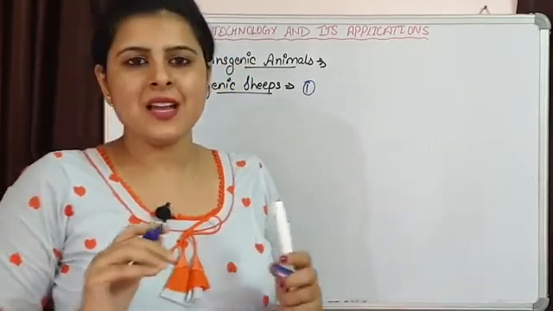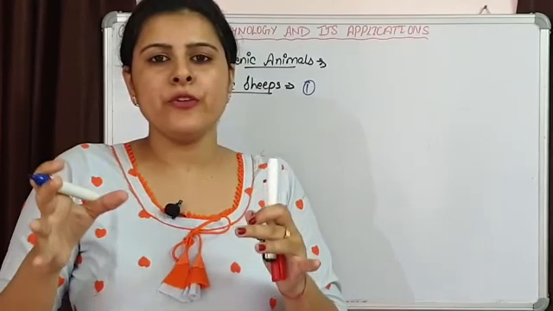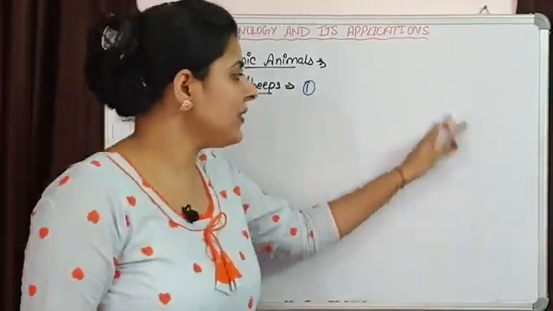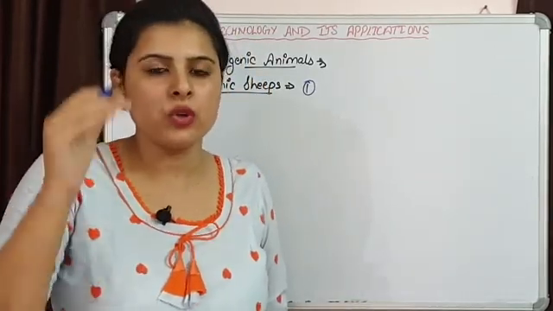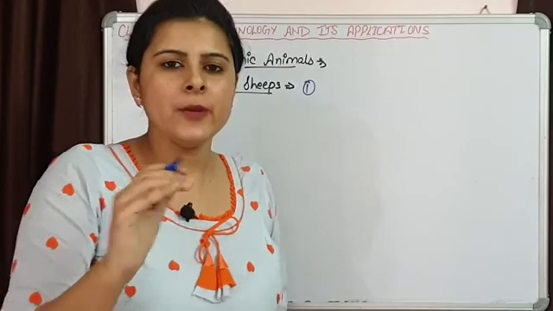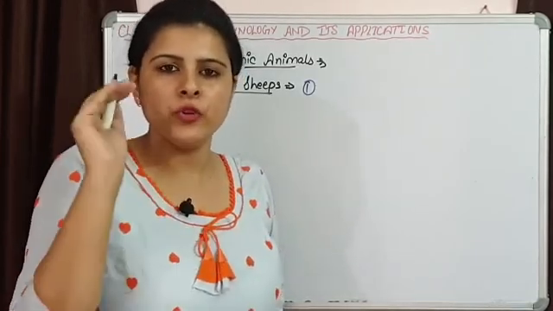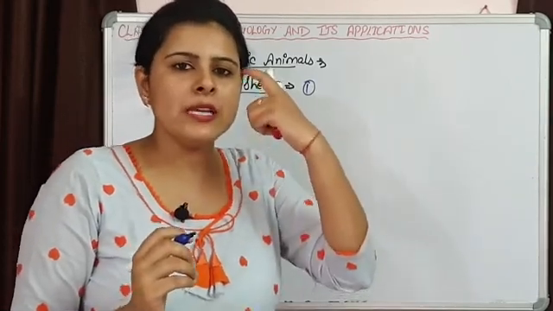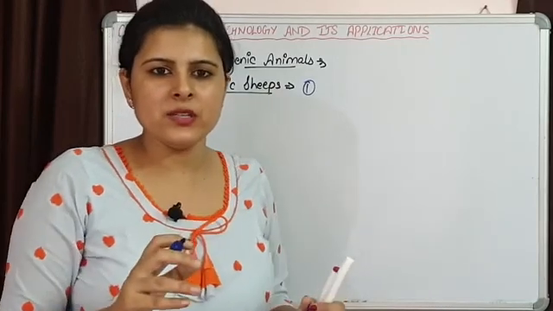First, these transgenic sheep had anti-hemophilic factor 9. Now we know that there is a disease, hemophilia, and in hemophilia the blood clotting factor is missing in a person, and because of this, during an injury, when blood is flowing continuously out of the body, clotting is not going to take place. So that is a severe situation.